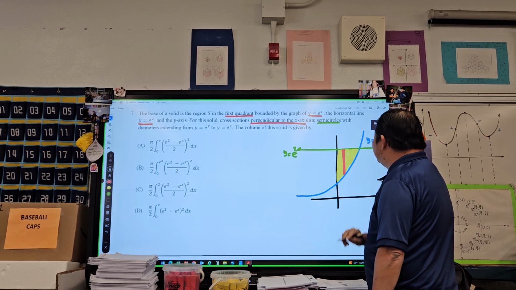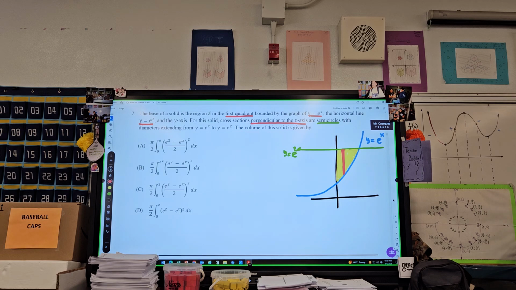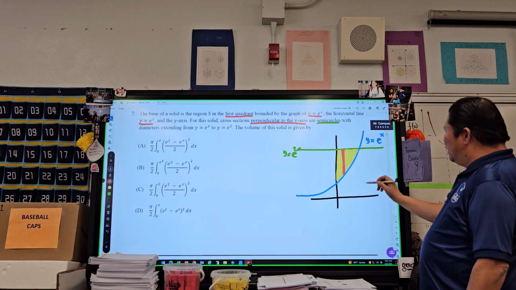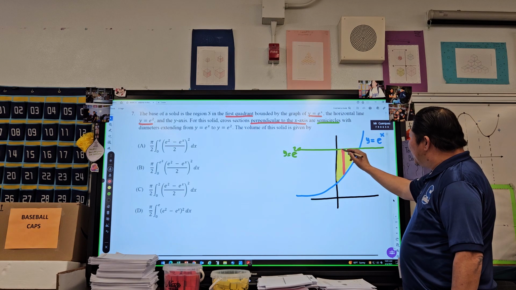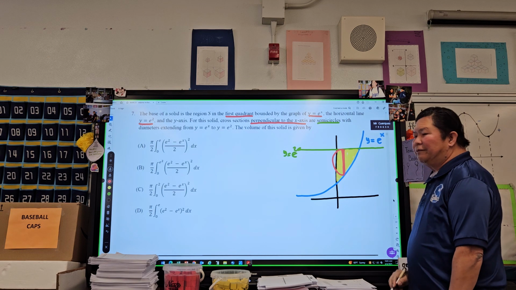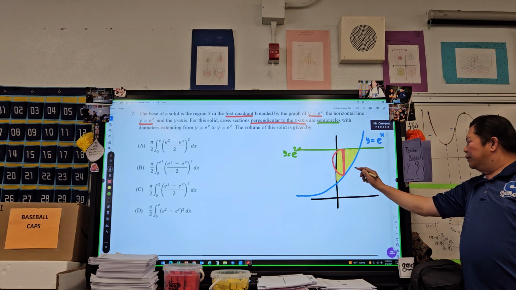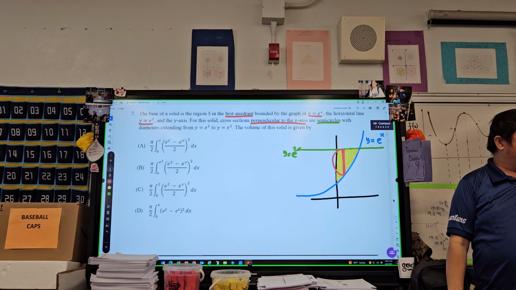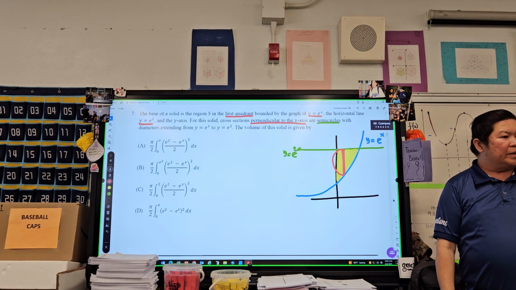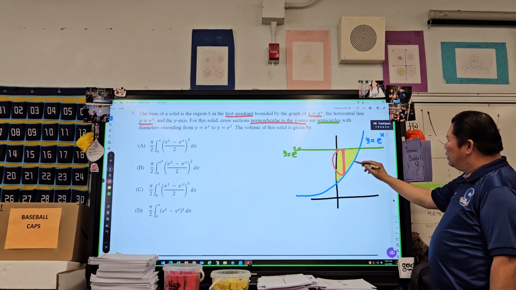Okay, clear? And then it's gonna be semicircle, right? Semicircle. Now, which means right here. Either you put it here or right here. It depends. Doesn't matter. So it's semicircle.